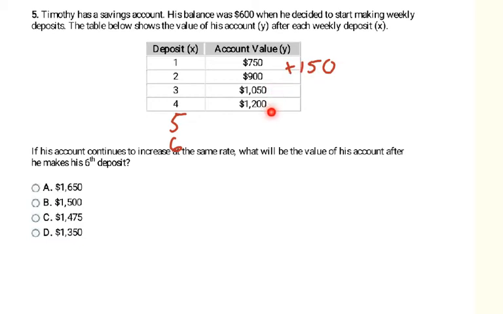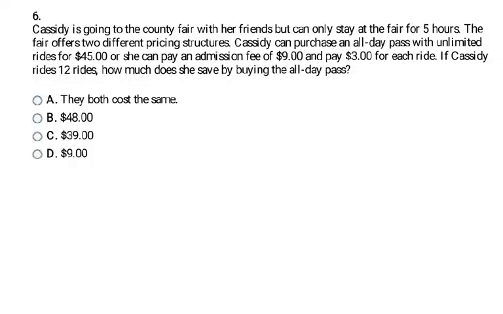And you could use a calculator at any point to double check yourself here. 1200 plus the 150 is 1350. Then 1350 plus the 150, that's going to be 1500. So after 6 deposits, he's going to have $1,500 in his bank account, letter B.